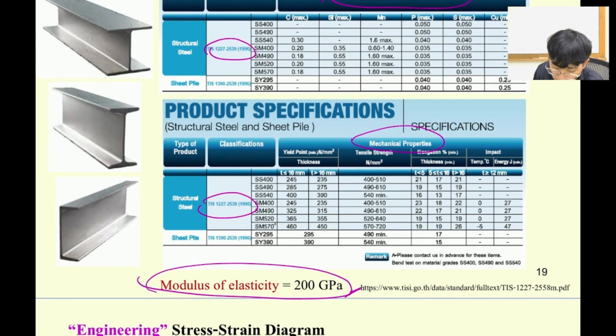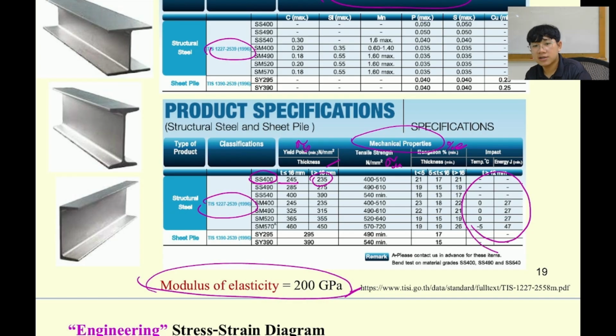Before you design or analyze, you need to select the classification. If you remember, it's less than 16 millimeters in thickness or larger than 16 millimeters in thickness, you can just check here. Then they provide the tensile strength, which is the ultimate point. This one is the yielding point, this one is percent elongation, and this one is the temperature and its energy. Okay, it tells everything.